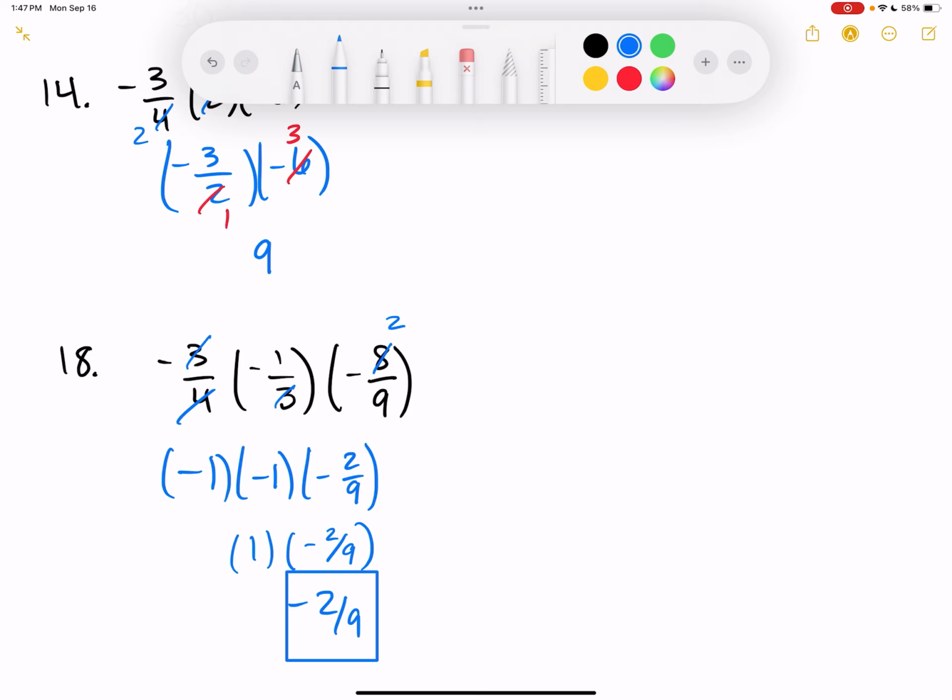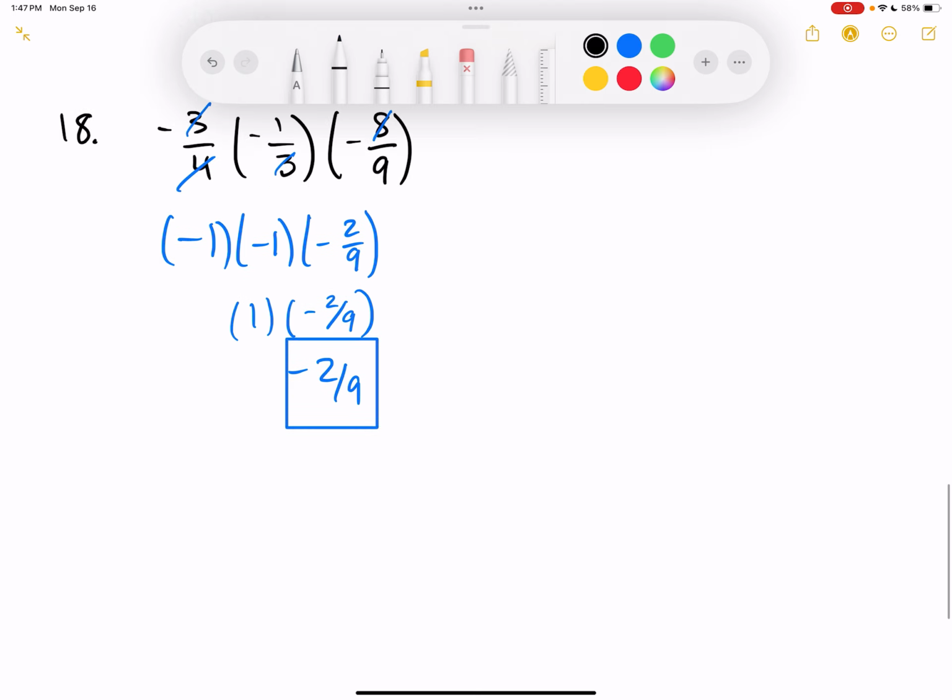All right, the next problem says to identify the property illustrated. So 20 is 0.3 times negative 3 equals negative 3 times 0.3.